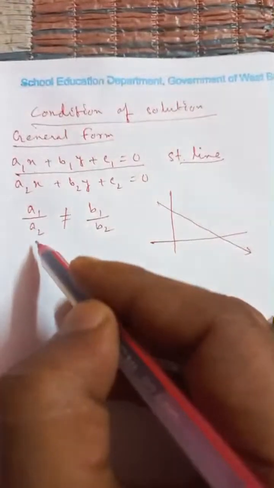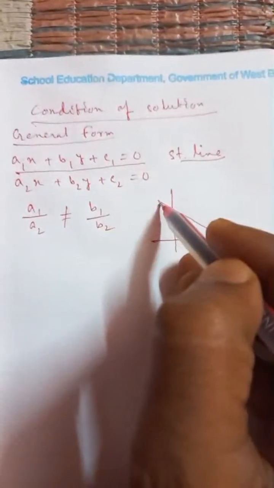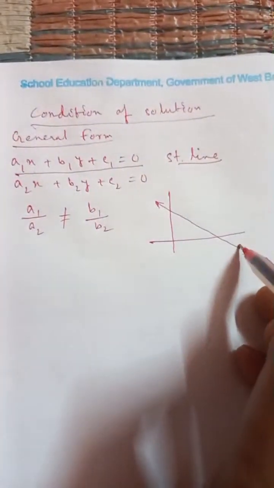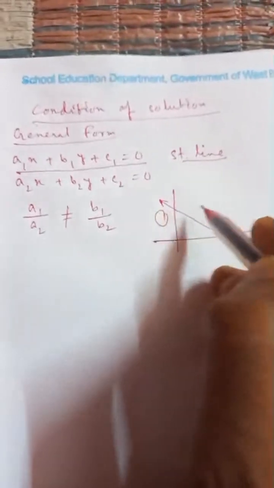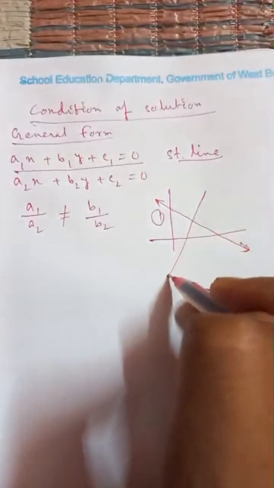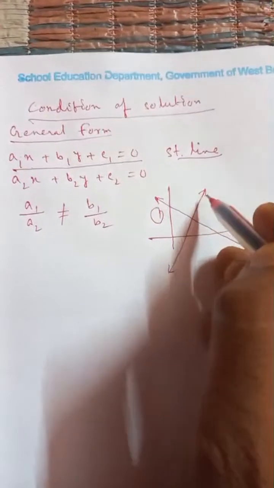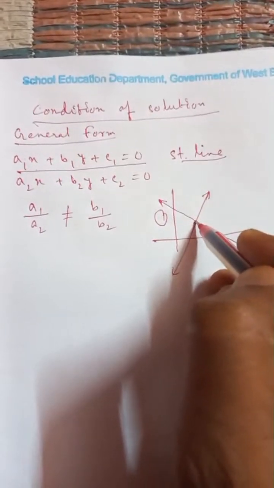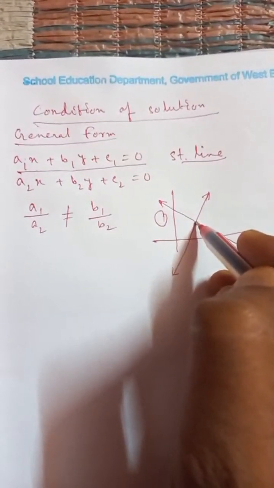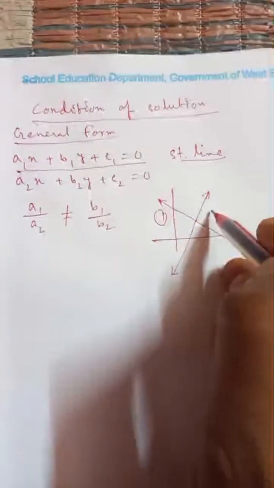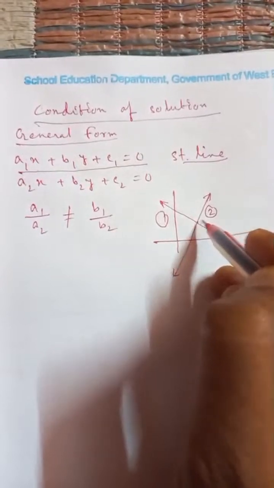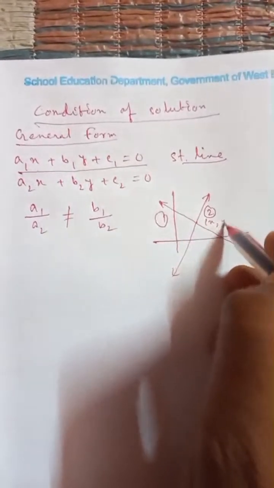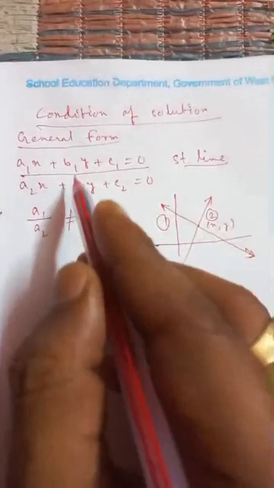When a1 by a2 is not equal to b1 by b2, this is the first equation and the second equation must be in this way, which must intersect at a single point. This is equation 2. This intersecting point, which is (x, y), is the solution of the equations.